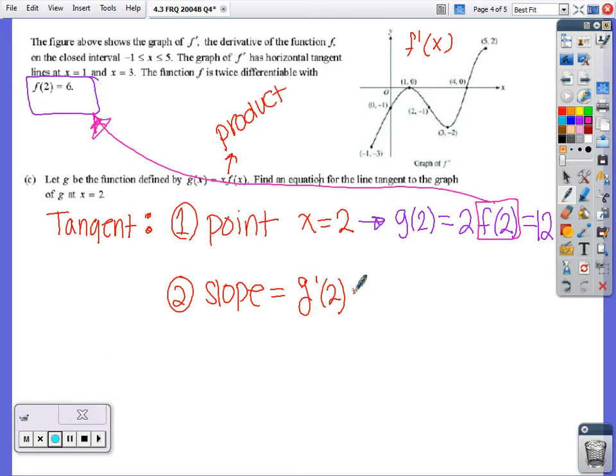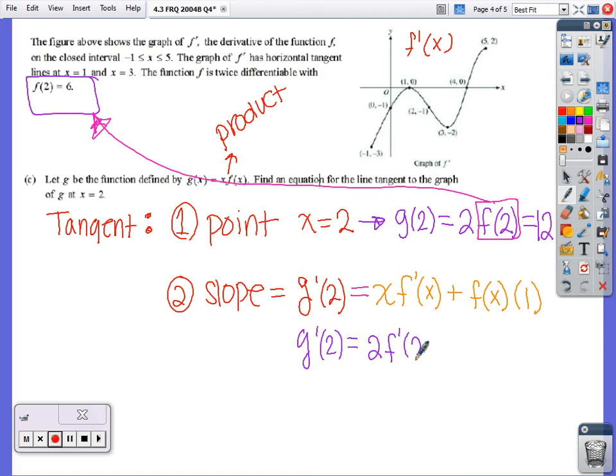Next thing we need is the slope, g prime of 2. Remember I said that was a product? So we leave the first alone, which is x, times the derivative of the second term, plus we leave the second term alone, times the derivative of the first term, which is 1. To find g prime of 2, you would take 2 multiplied by f prime of 2, plus f of 2. See what we got: 2 f prime of 2.